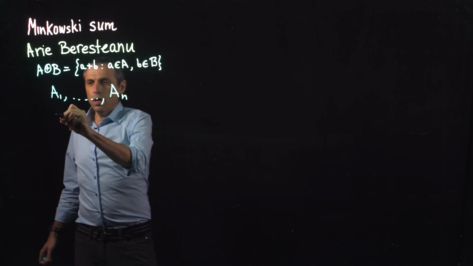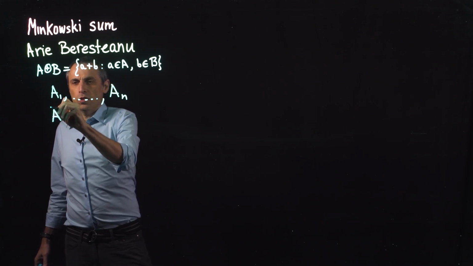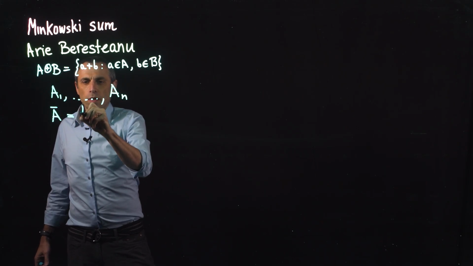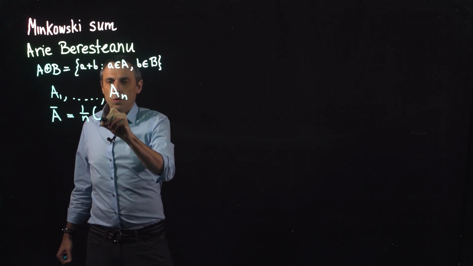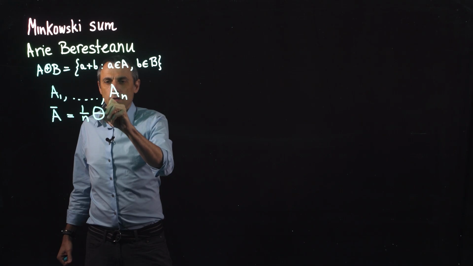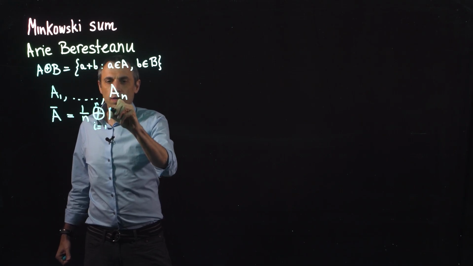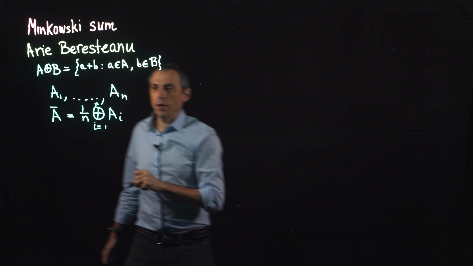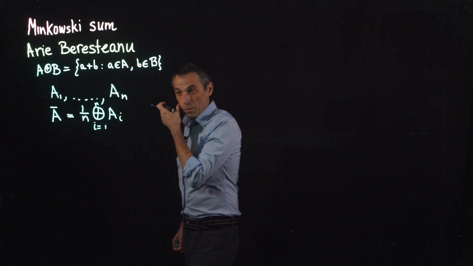We would define A bar, the average of those observations, to be 1 over n times the summation, i from 1 to n, of Ai. And this is, by our definitions before, a well-defined concept.